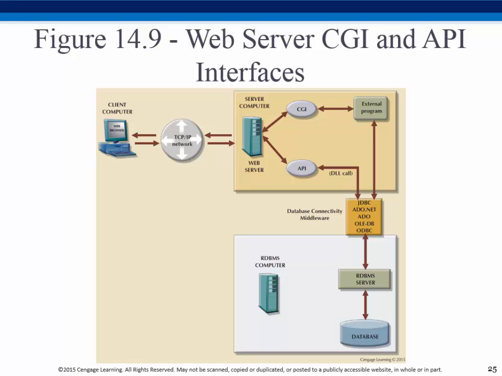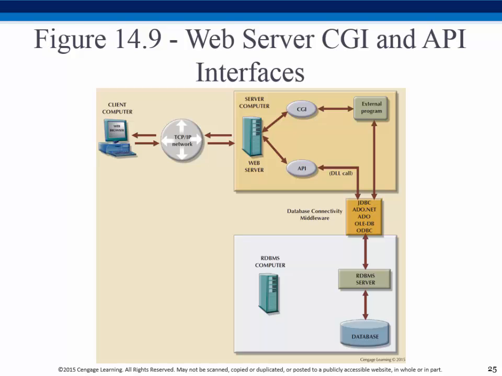An application programming interface, or API, is a newer web server interface standard that is more efficient and faster than CGI. APIs are more efficient because they're implemented as shared code or a dynamic link library. That means the API is treated as part of the web server program that is dynamically invoked when needed.